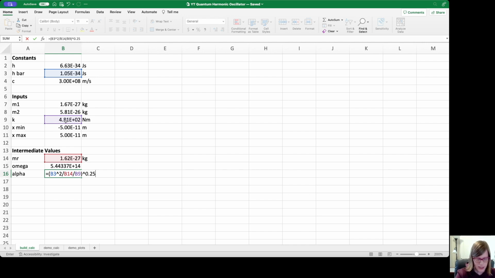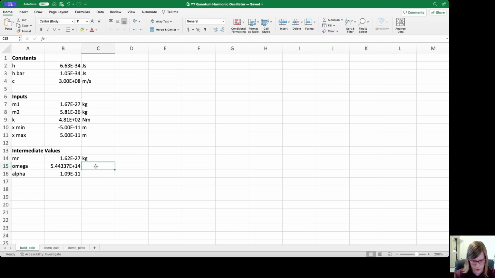I just divided twice there instead of dividing and then putting parentheses and multiplying. I think it's easier to read the formula that way. And alpha is just part of the wave function.